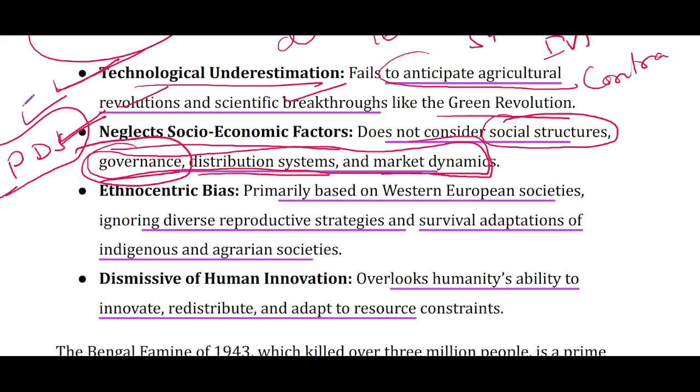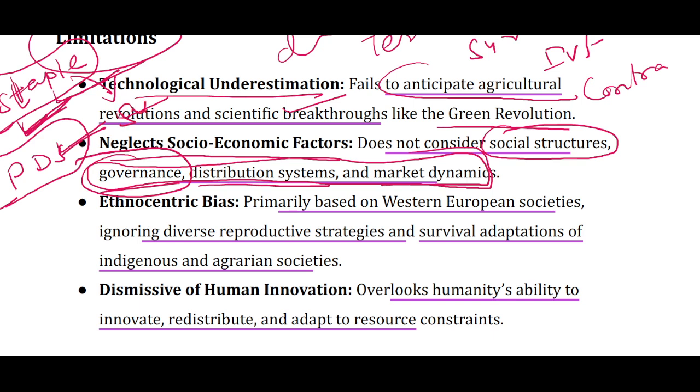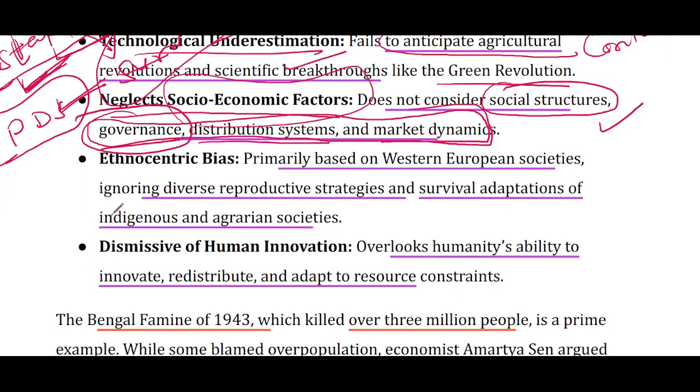Through this, the government distributes staple grains at throwaway prices, especially to the poor. So this is a dynamic through which survival of even the poor people can be ensured. This socio-economic and political factor has been neglected by this theory.